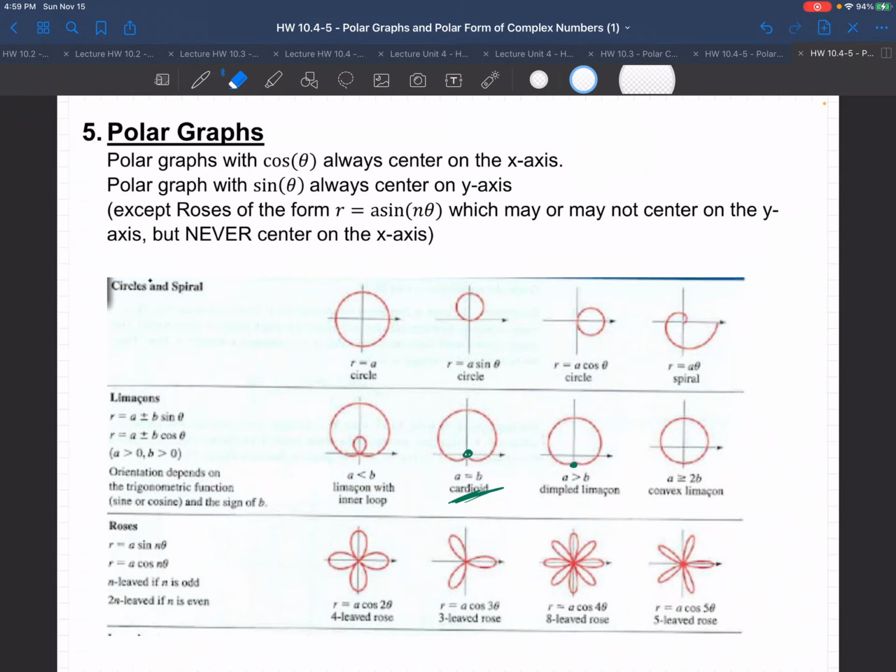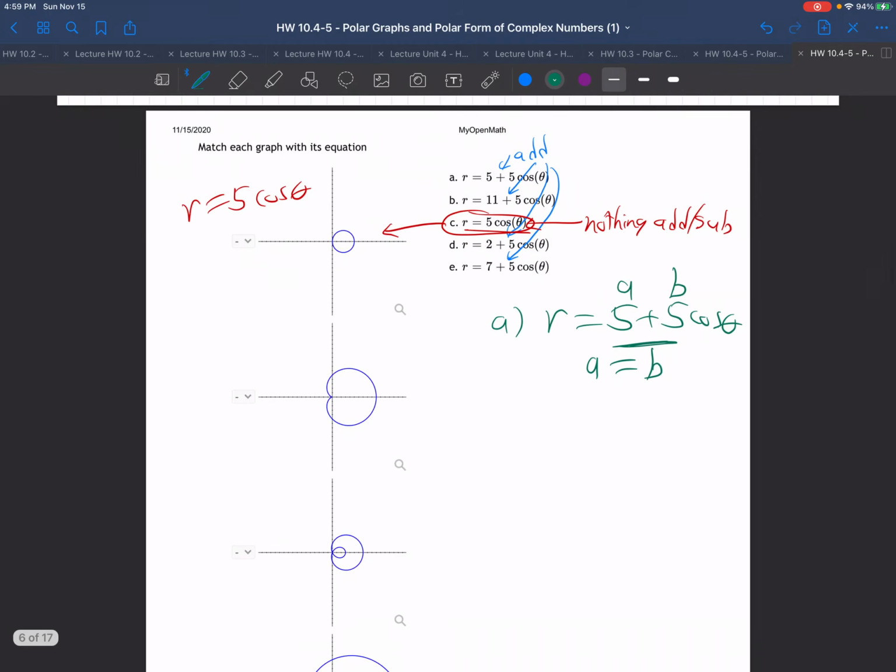See the difference in these two shapes? This one's dimple, the cardioid, hits the origin. This one's doesn't. The little dimple hits the origin when A equals B. So that's got to be that one. R equals 5 plus 5 cos theta.